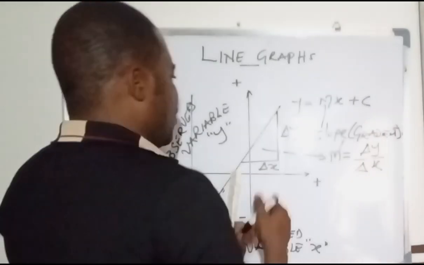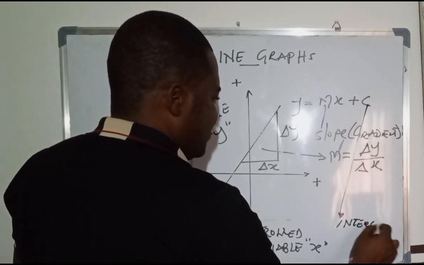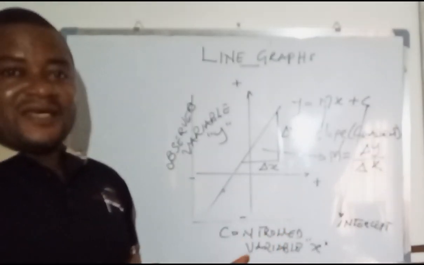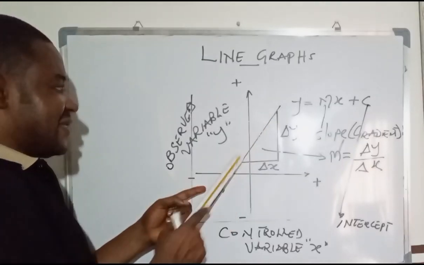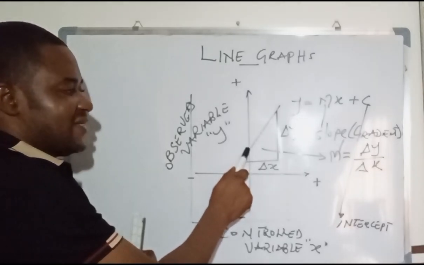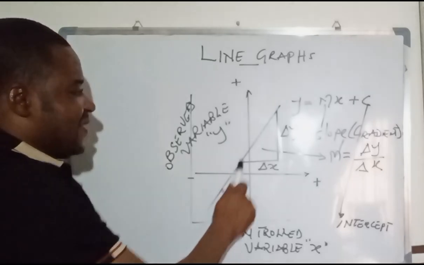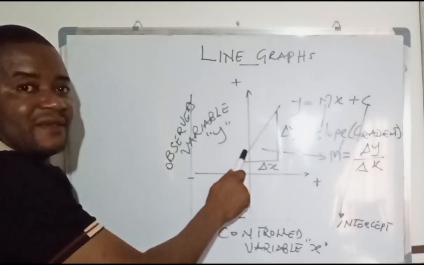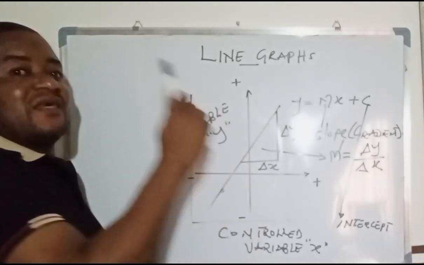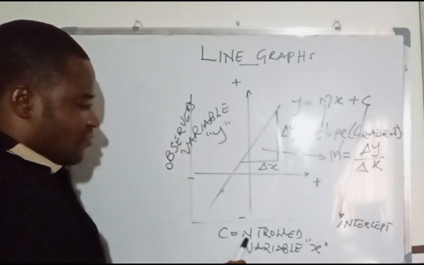Now the c is what you define as the intercept. The intercept is the point at which the line cuts the y-axis, which is c. If it is the point at which the line cuts the y-axis, it simply means that the intercept is the same thing as y, the observed variable, at point 0 of the control variable.